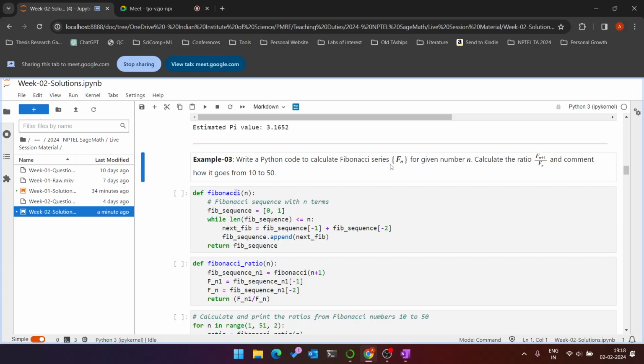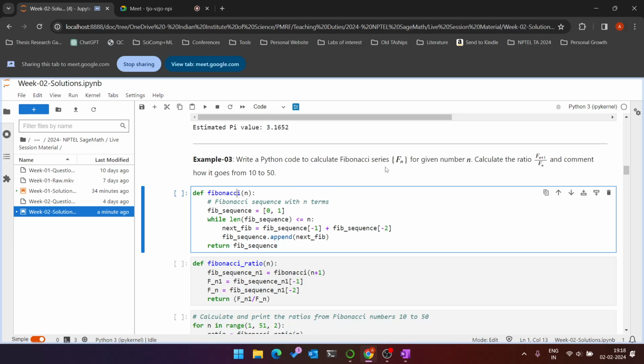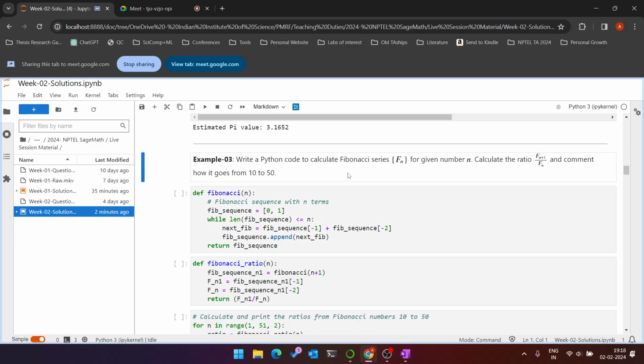So the entire Fibonacci series, and once that is done, we want to calculate the ratio of Fn plus 1 and Fn and see what happens to it. It's a well-known result that this ratio of Fn plus 1 to Fn, which is the n plus 1 term of the Fibonacci series to the nth term, converges to the golden ratio.